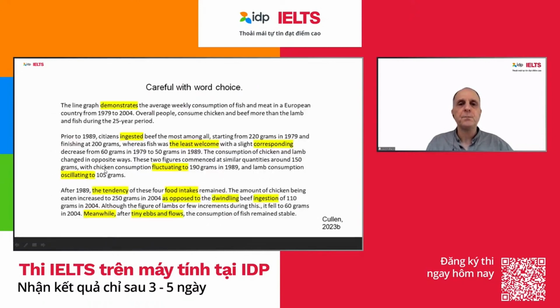Now, here is an example. This is taken from Pauline Cullen. I'll give you a link to that later. She highlights that these are some of the phrases or collocations that will reduce your score. Okay, demonstrates. That's more like showing something in another way.